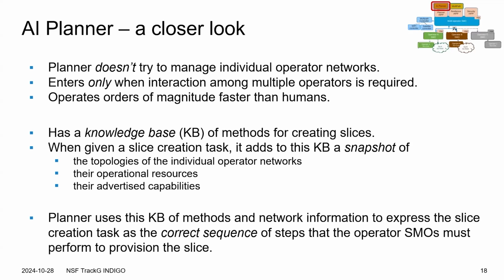So when the planner is given a task to create a slice, it takes a snapshot of the situation, which means a snapshot of the topologies of the individual networks, a snapshot of the resources that each operator has that have survived, that are operational, and what sort of service capabilities they advertise that they can perform in the condition that they're in.